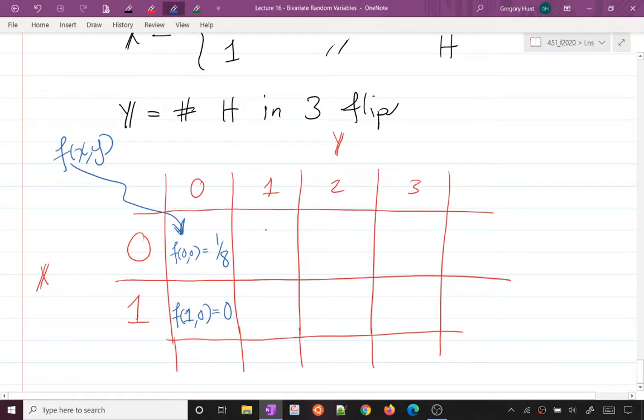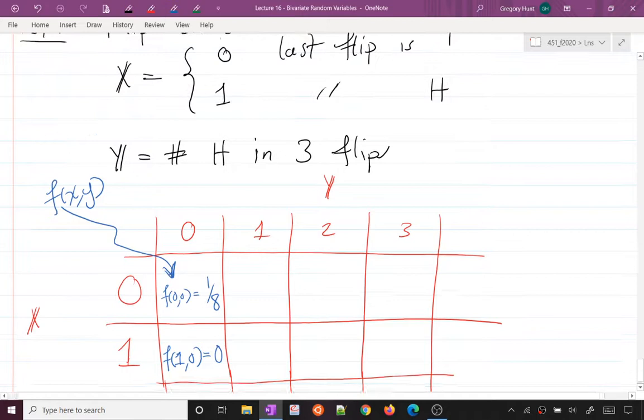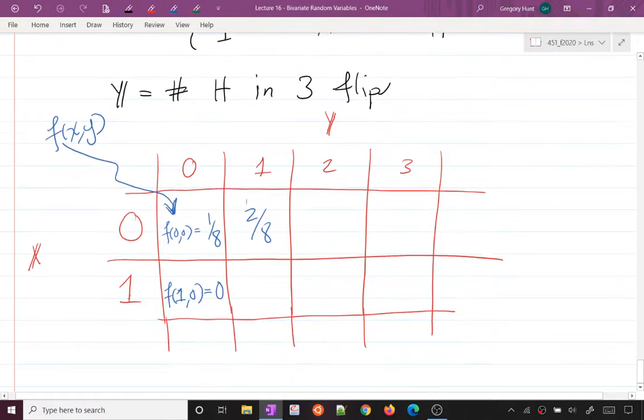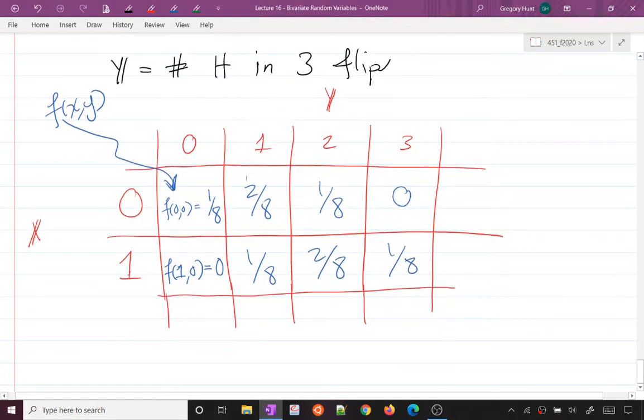F of 0, 1 would be the probability that the last one is tails, and I have 1 heads. So I can get heads, tails, tails, or tails, heads, tails. That would be 2 eighths. And I can fill these in. I'm not going to tediously go through each case, but you can fill in the probabilities. And this is the table you'll get.